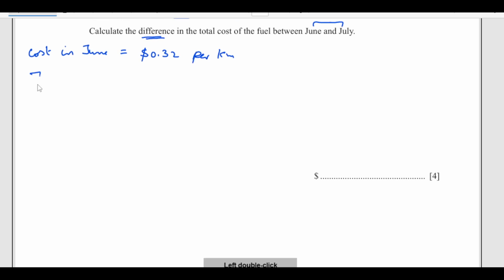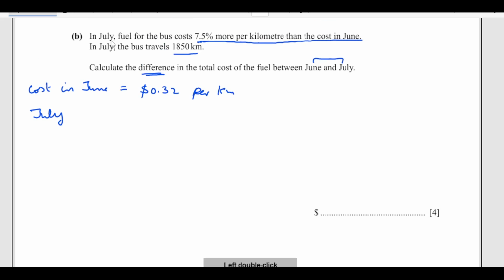So what is the cost in July? We are given that in July the fuel cost is 7.5% more than the cost in June, right? So first we will find the cost in July. 7.5% of 0.32, this is 0.024, right?